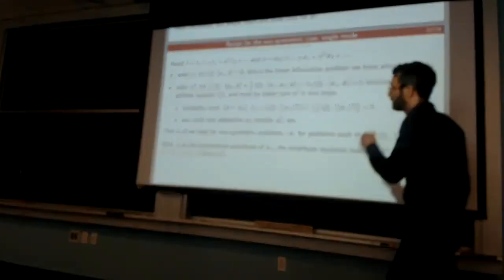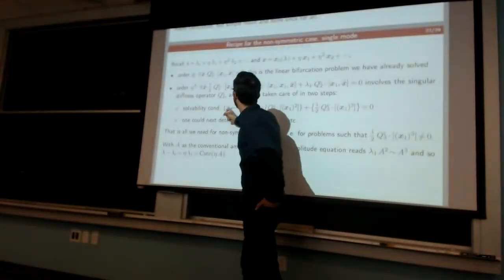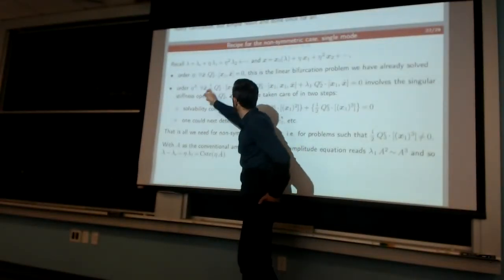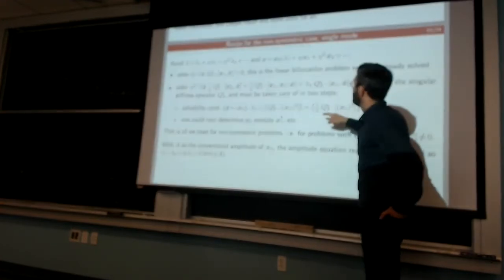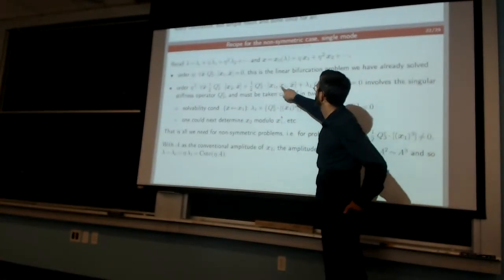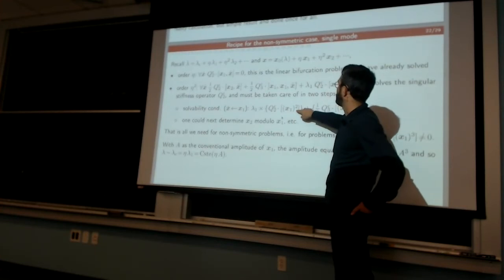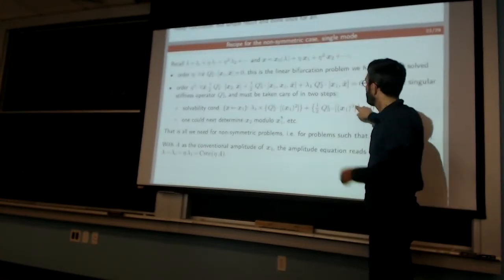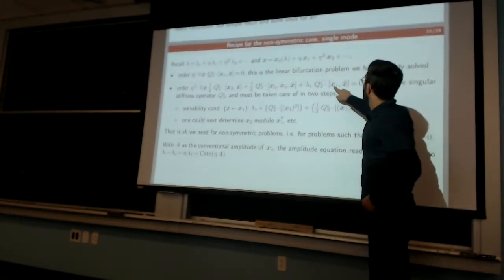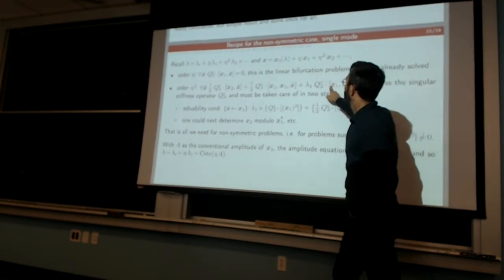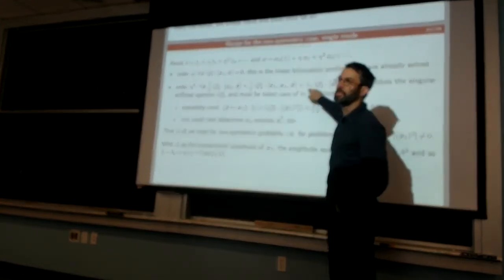So that's why it's called a solvability condition. We just insert x1, we get rid of this term, and we have an equation here. So that's x1, x1, x1, so we write this as x1 cubed, x1, x1, and we have these two terms, so now we have a linear equation for lambda 1.